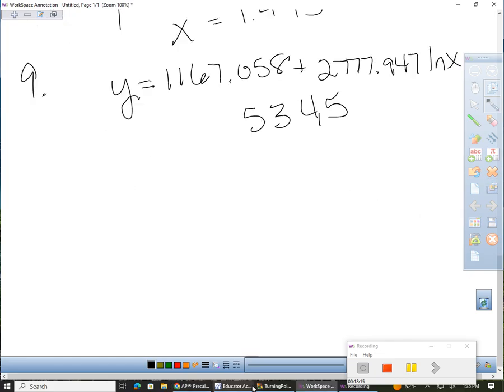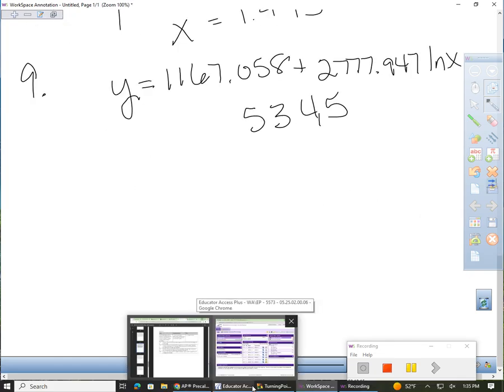Number 10. Number 10, as soon as you see theta in there, you should know that it's probably polar coordinates, right? It says a polar coordinate system. So you can change your calculator into polar and plug in this equation is one way to do it.